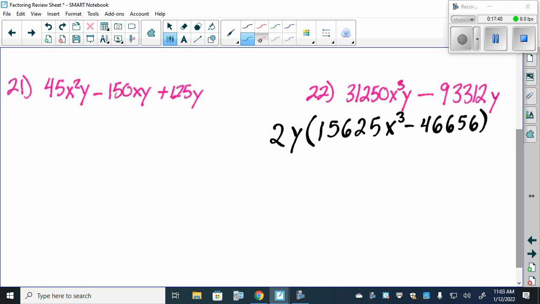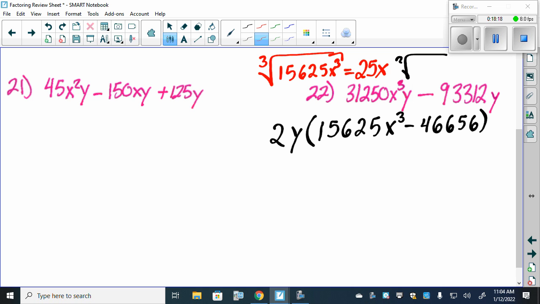Now we can try to take the cubed root of these here and see if that works. 15,625x cubed. Well, the x cubed will come out as x. And if we take the cubed root of 15,625, we get 25.